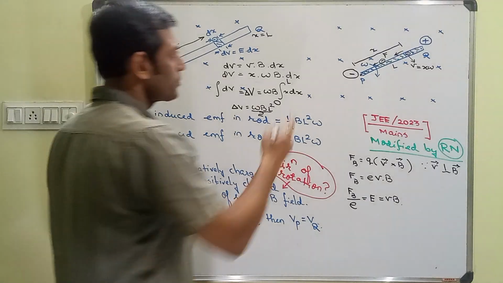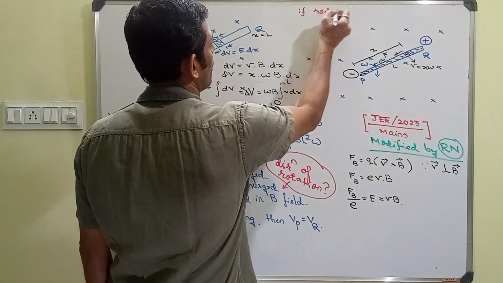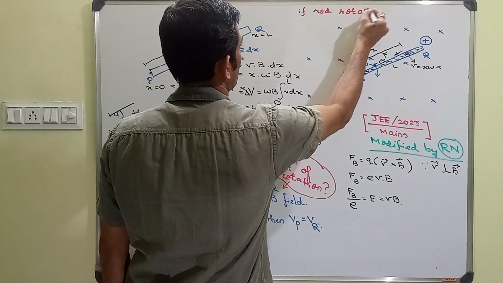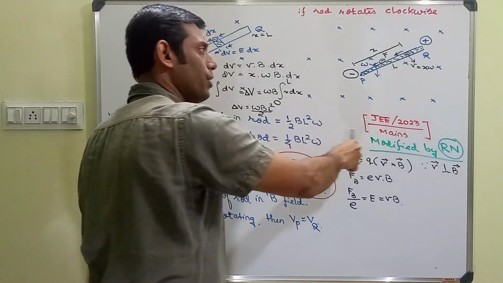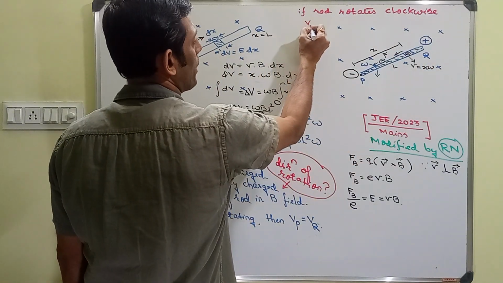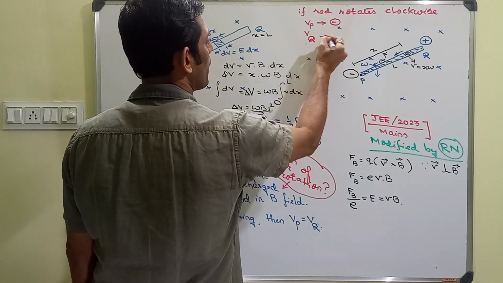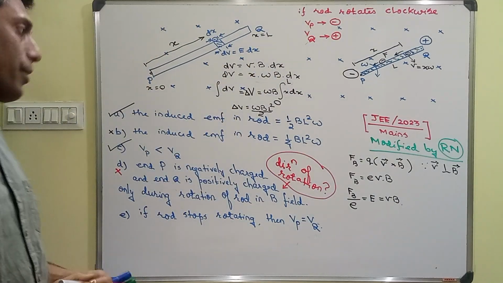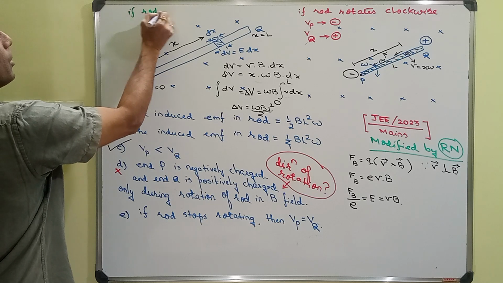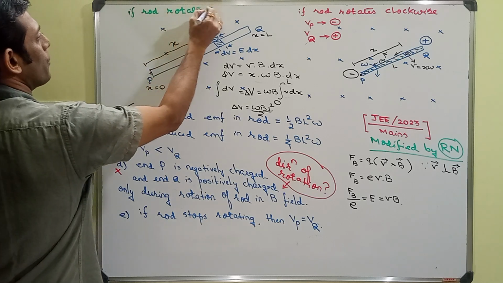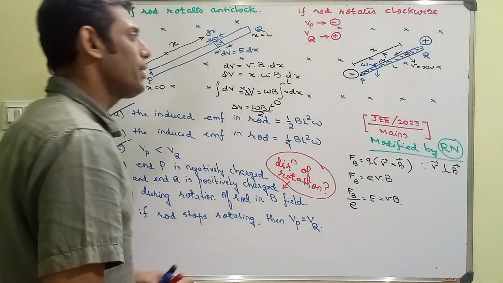So therefore the moral of the story goes like this, that if the rod rotates clockwise, as is given, then the Vp value is negative and Vq value would be positive. See this. But if the rod rotates anti-clock, then what will happen?